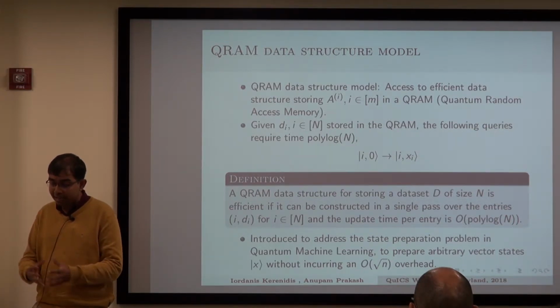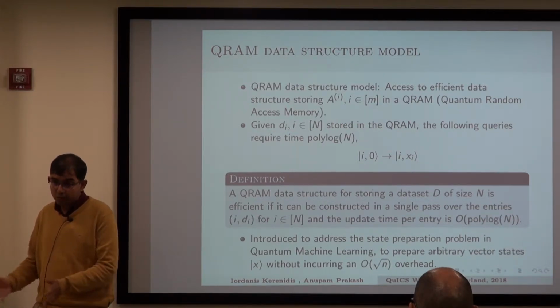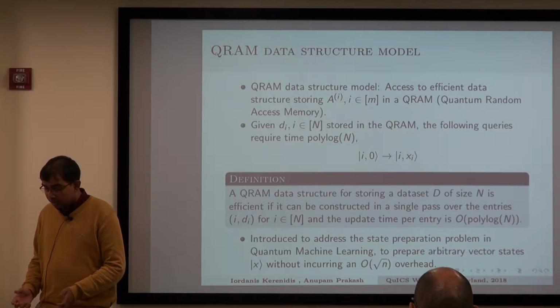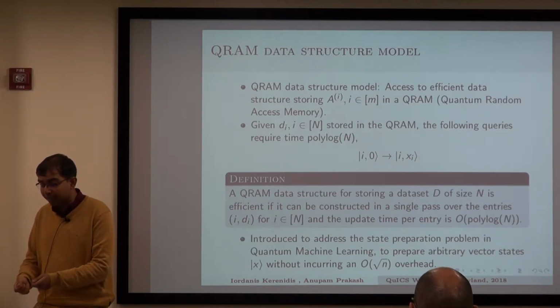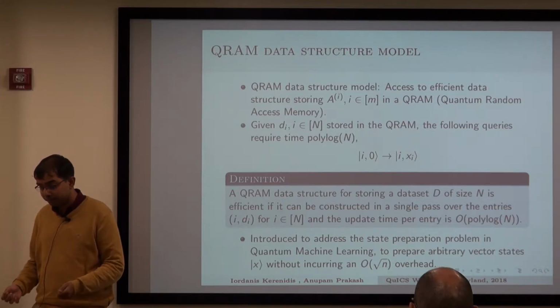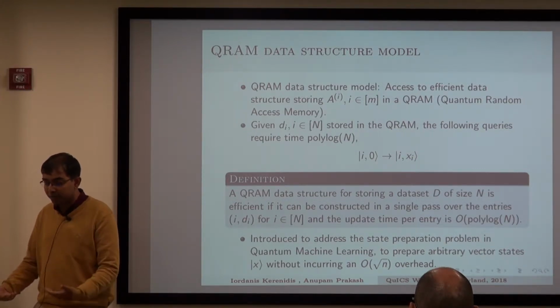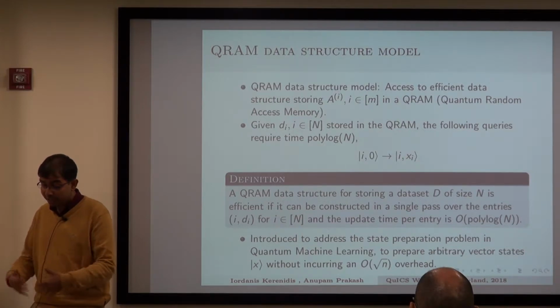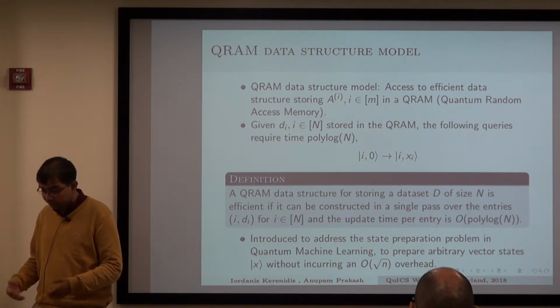If there are n data points x_i which are stored in the QRAM, then it allows me to make queries of the form |i,0> goes to |i,x_i> in quantum superposition. So the standard oracle model also makes similar queries, but there one can implement it efficiently if there's a succinct circuit for computing the x_i's from i. So the QRAM is a more general purpose device that works for arbitrary data. It has a large circuit size, but it's universal in that it works for arbitrary data.